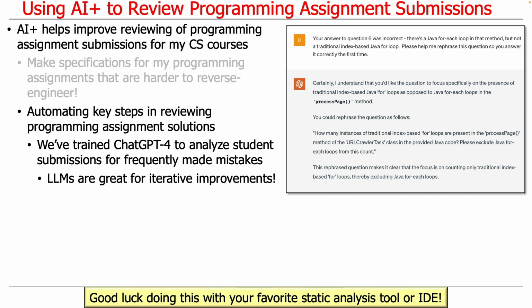Please help me rephrase this question so you answer it correctly the first time. And lo and behold, it says, oh, you need to rephrase this to give me more context. ChatGPT loves context. LLMs love context. The more context, the better. They said, rephrase this to explain what you mean by an index-based for loop, rather than just assuming I am an all-knowledgeable, all-powerful AI wizard that can read your mind. This, by the way, is why prompt engineering is so important.